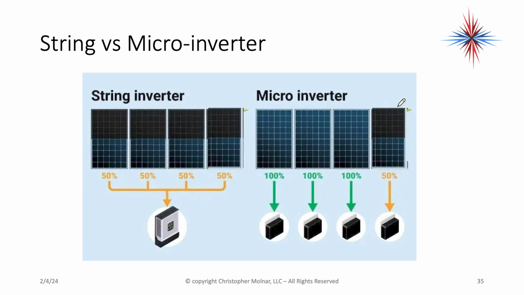String versus microinverter, why people go each direction. If there's 50% shading on a single panel, all panels on a string inverter would probably have 50% power. They don't do a great job of individual panels acting differently. With a microinverter, if I have 50% shading on one panel, the remaining panels are 100%.